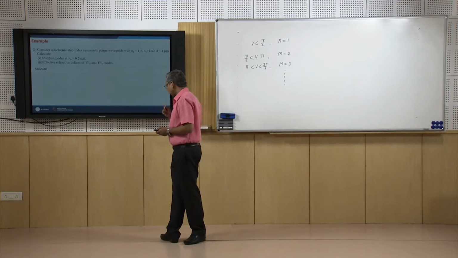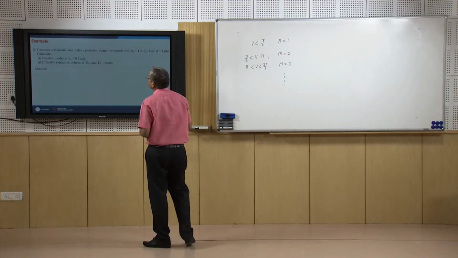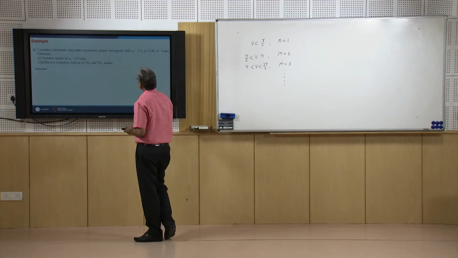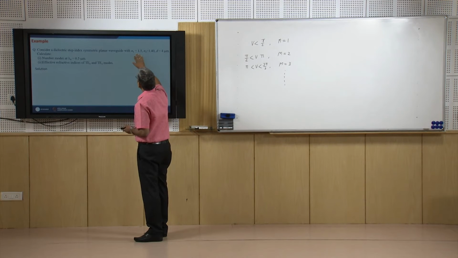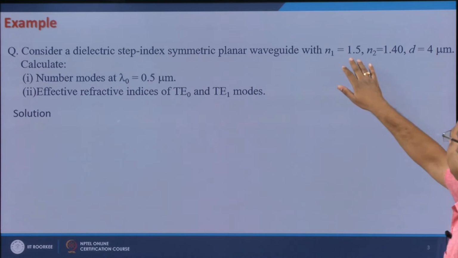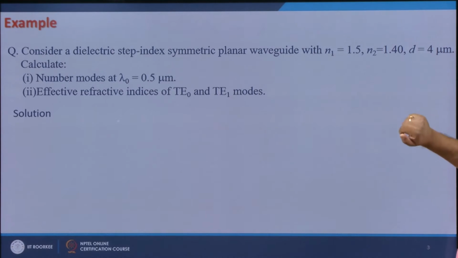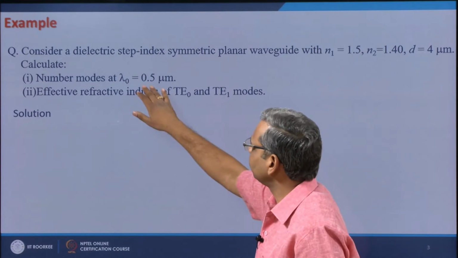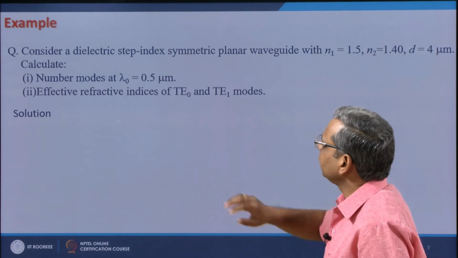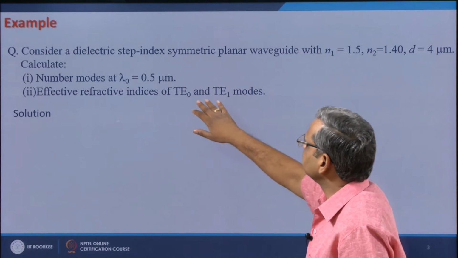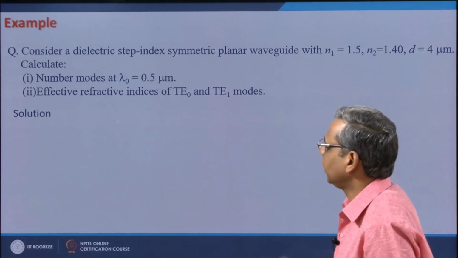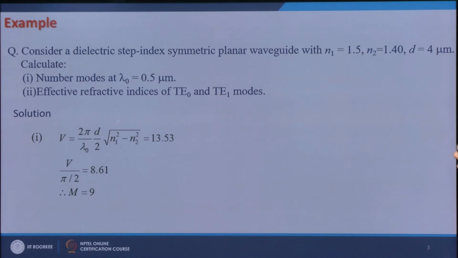Let us work out some more examples here. I consider a step index planar symmetric waveguide with n 1 is equal to 1.5, n 2 is equal to 1.4 and d is equal to 4 micrometer, and let us calculate the number of modes at 0.5 micrometer and effective refractive indices of TE0 and TE1 modes.